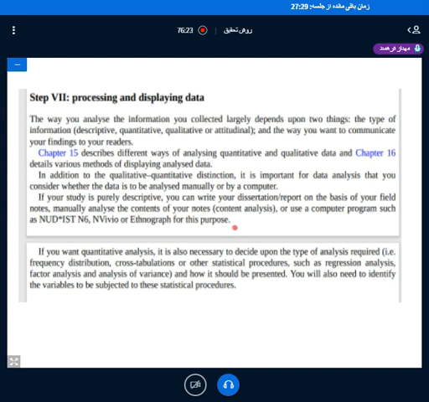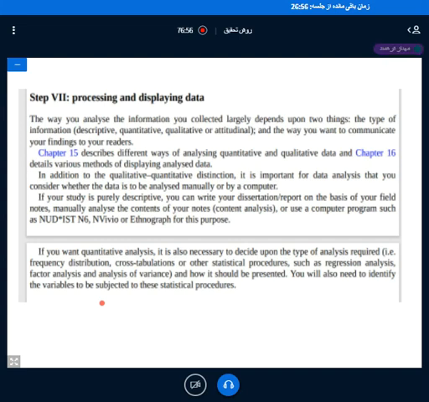So in manually we have some notes that we can analyze, or use a computer program, such as N6 or NVivo or Ethnograph for this purpose. So these are the programs and computers that we can use for displaying the data.